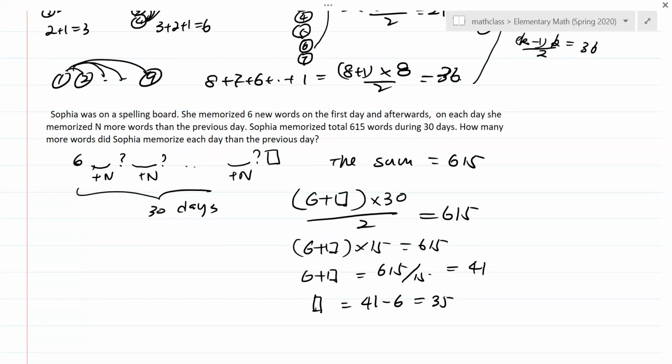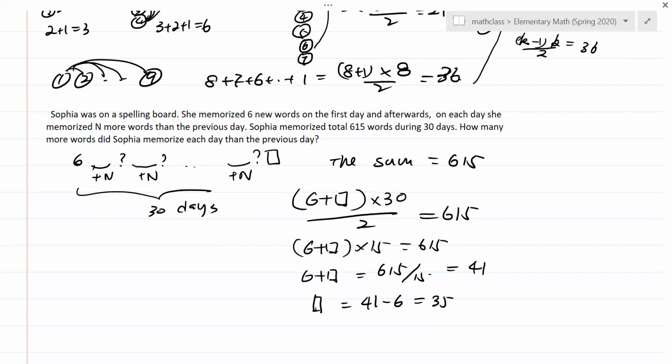Okay, so you figured out the last day, you get 35 words memorized. Now the question is, how many more words each time? You got 35. It's 30 days, so only memorize one more word, I think.